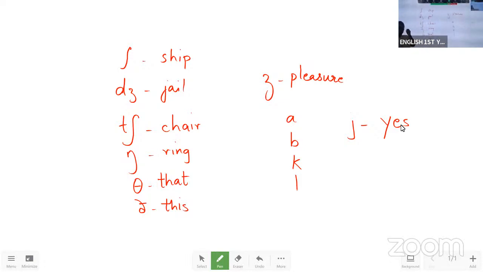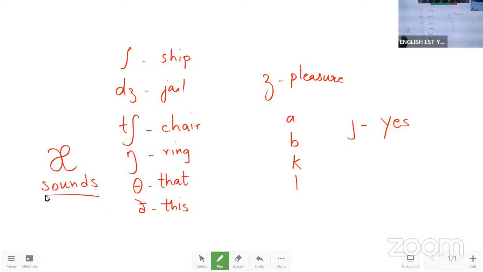There is an app called Sounds. If you download this, it is very easy for you to learn the pronunciation of the vowels.